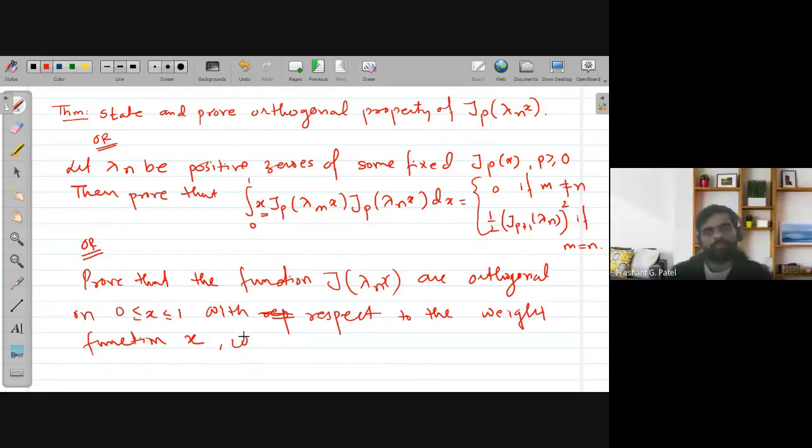where lambda n are positive zeros of some fixed Jp, that is the Bessel's function, for p greater than or equal to 0.